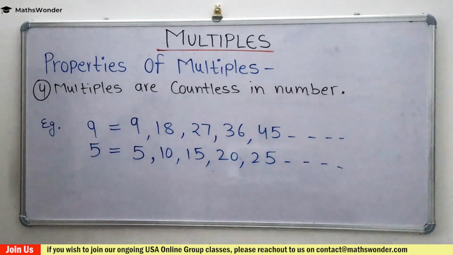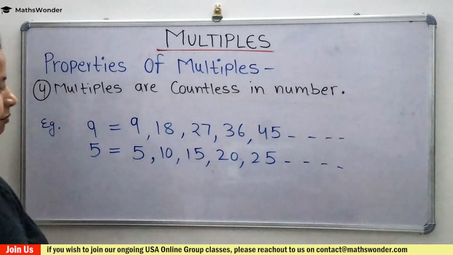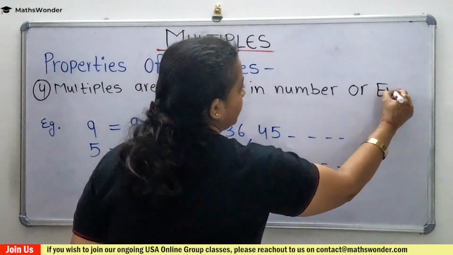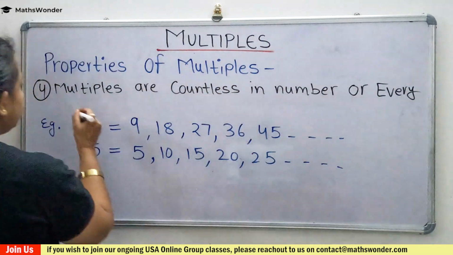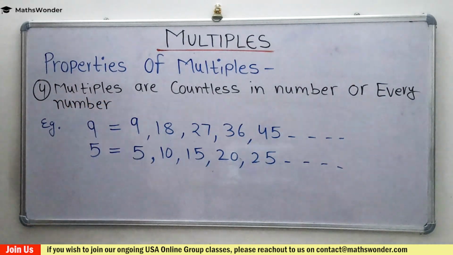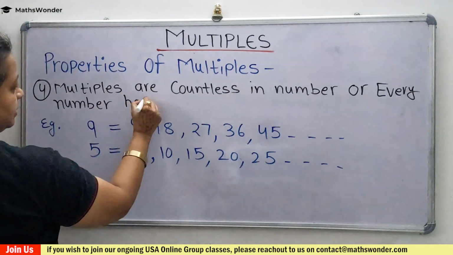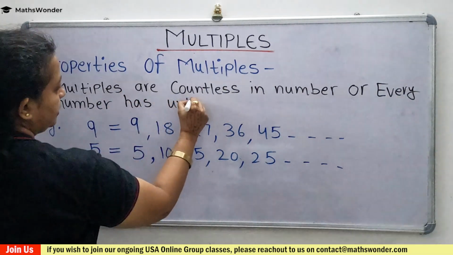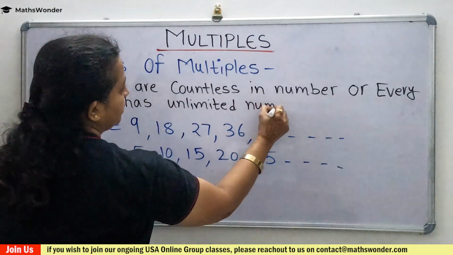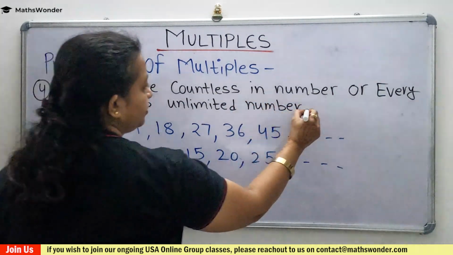So every number has an unlimited number of multiples.